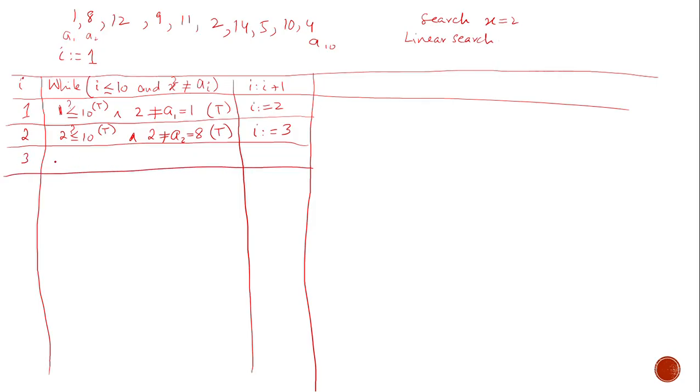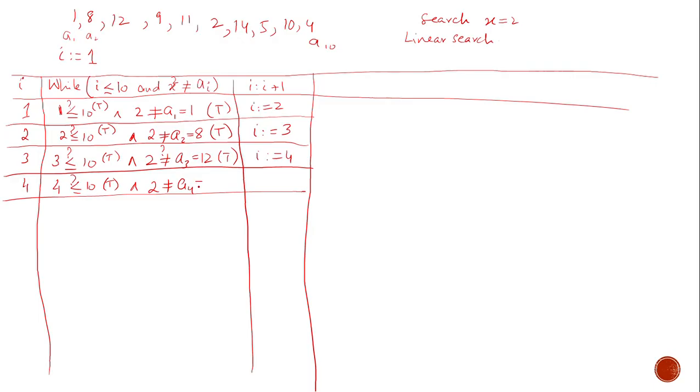Now at the third location we check that 3 is less than or equal to 10, that is the list does not end, and the required integer 2 is not equal to A3. A3 is 12 here, so this condition is again true, and we move forward to the fourth location. At the fourth location 4 is less than or equal to 10, that is the list does not end, and the desired integer 2 is not equal to A4.